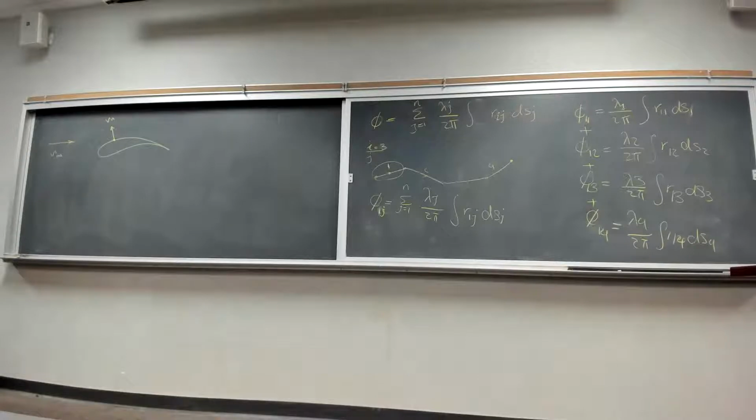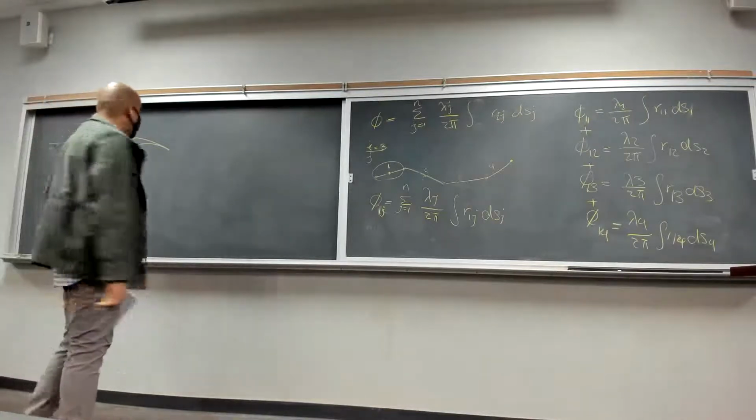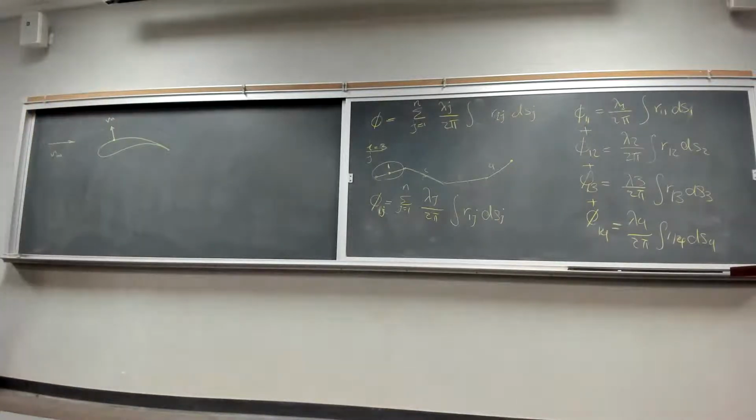Just regular flow, forget about the panel theory. Velocity on the wall in the normal direction is going to be 0. If you don't have any suction or blowing at the wall, velocity normal to a wall is going to be 0 at the wall itself.